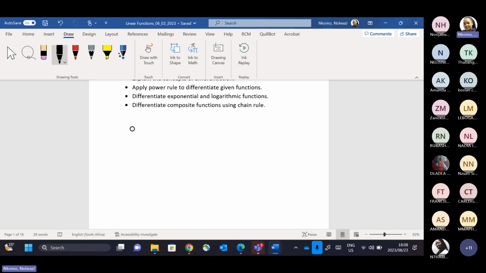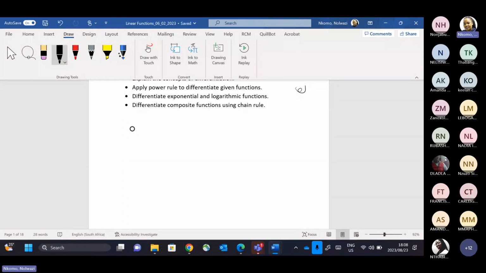Again, with the help of derivatives, we can find the optimum points of economic functions. We have the rules of differentiation.